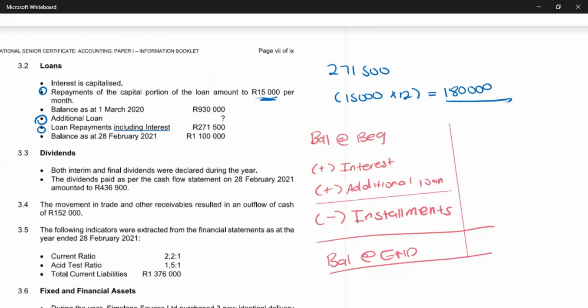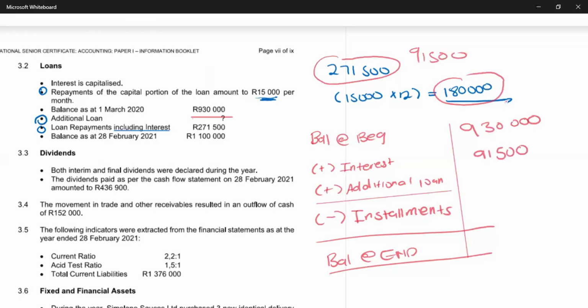So let me go about taking these line items that I'm given. Your balance at the beginning with regards to loan is 930,000. And the interest, remember, these are my installments including interest, and these are my installments excluding interest. So the difference between these two amounts, 271,500 minus 180,000, I'm going to get my interest, which is 91,500. And additional loan, this is what I'm looking for.